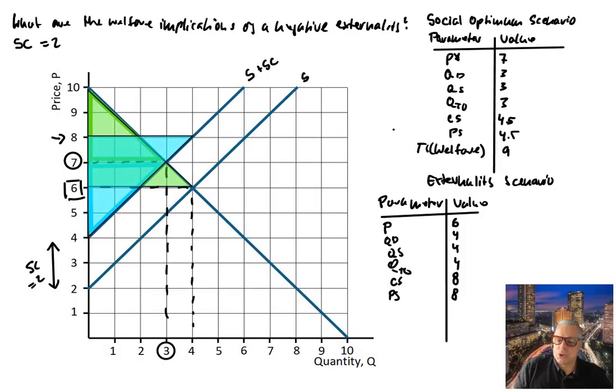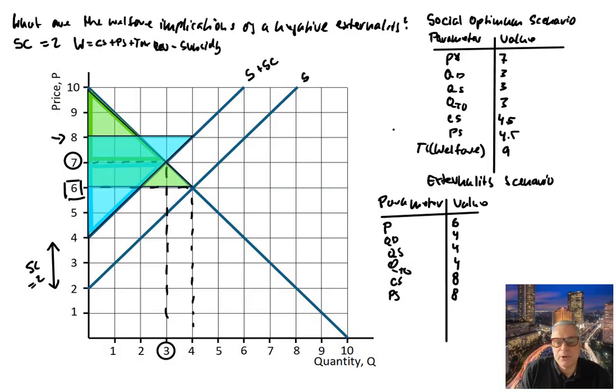Okay, so now total surplus is obviously not 8, because what did we say? Well, we said welfare is consumer surplus plus producer surplus plus tax revenue minus the subsidy cost, minus subsidy.